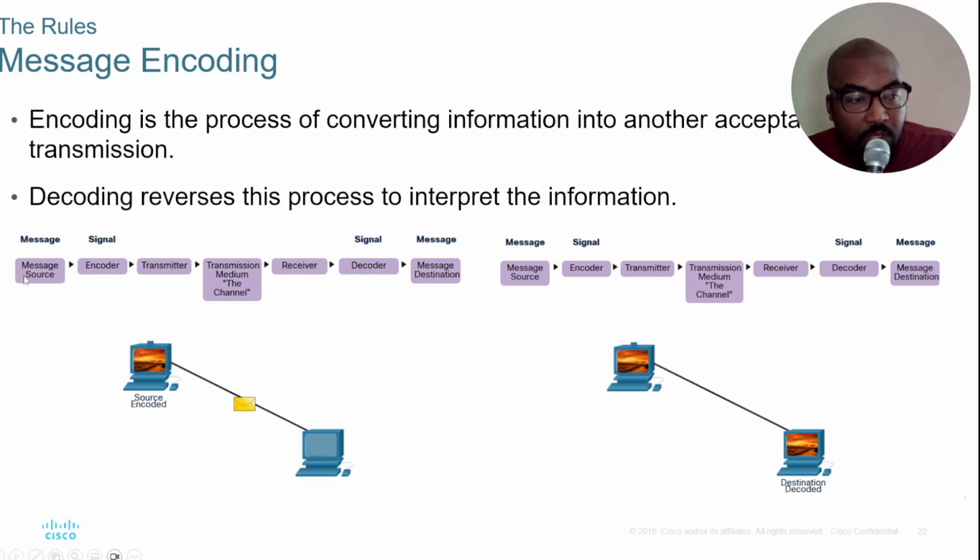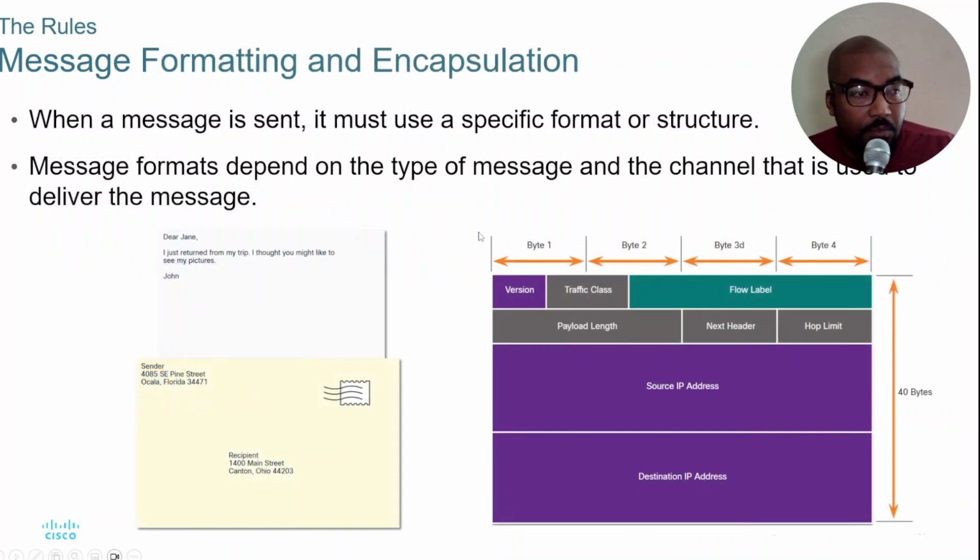So essentially, the message source encodes the information, right? Those ones and zeros, transmits it, goes over that physical medium. This could be that Ethernet cable, that fiber optics. It receives it and decodes it, and then it gets to its destination.